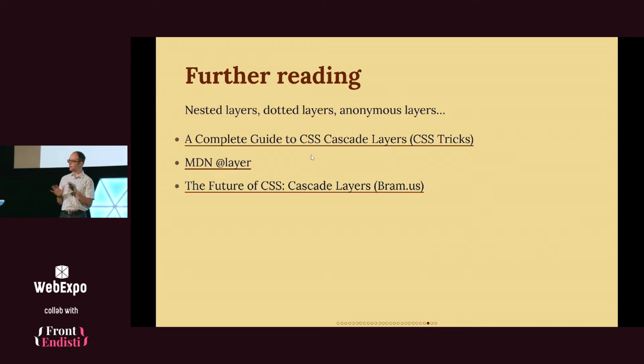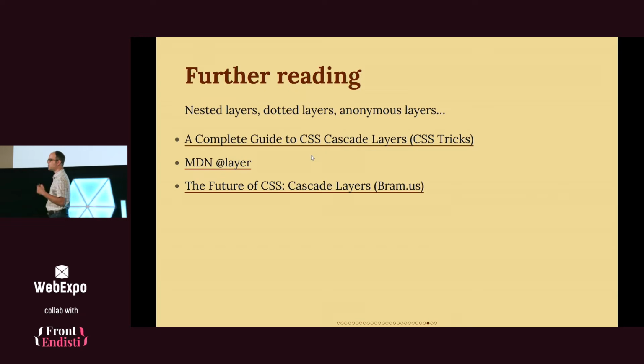However, in my limited time window, I wasn't able to fully explain everything related to CSS Layers. The spec is long, covers many issues. So there are additional features related to CSS Layers, such as nested layers, because you're able to declare a layer inside another layer, like in the Shrek movie, dotted layers, anonymous layers, and so on.